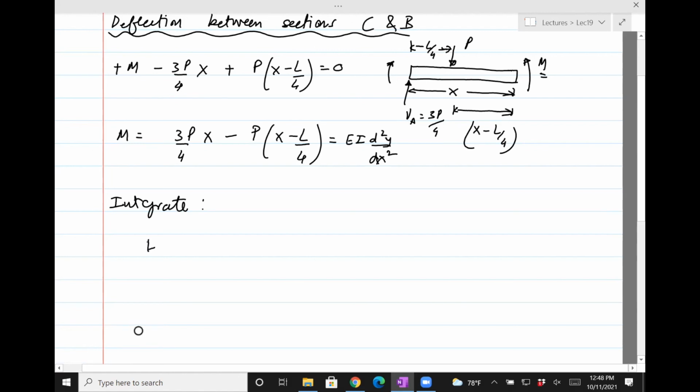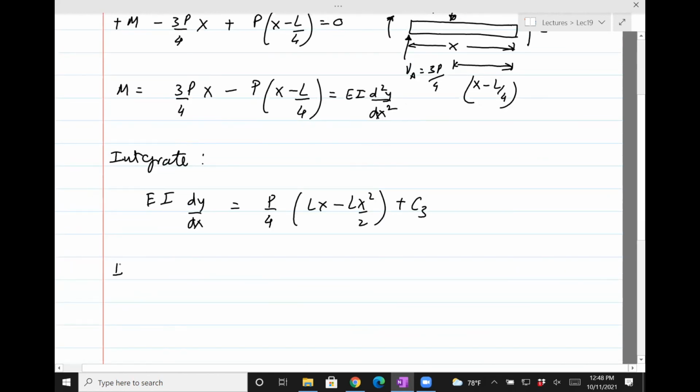What I get is EI dy/dx equals P divided by 4 (Lx minus x squared divided by 2) plus C3, and then integrate again.